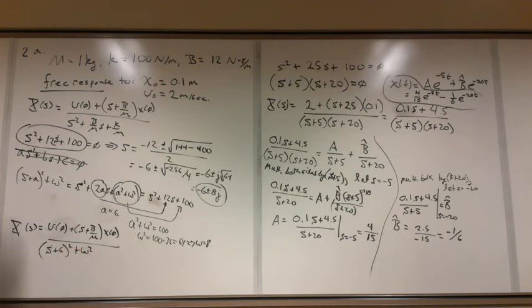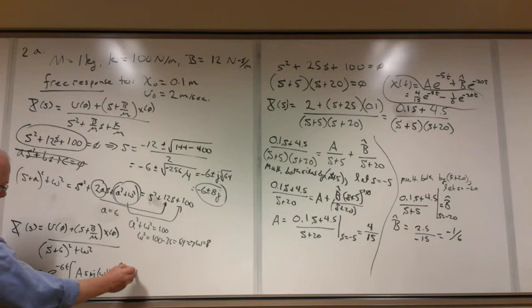That tells us that x of t is going to be a damped sinusoid, a damped harmonic function. So we could say it's equal to e to the minus 6t times a sine of omega t plus b hat cosine of omega t.